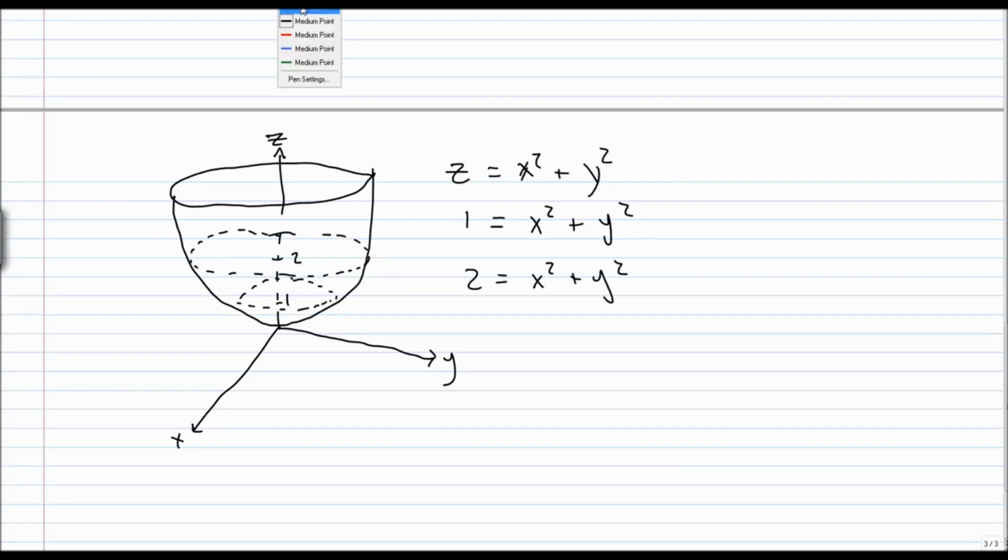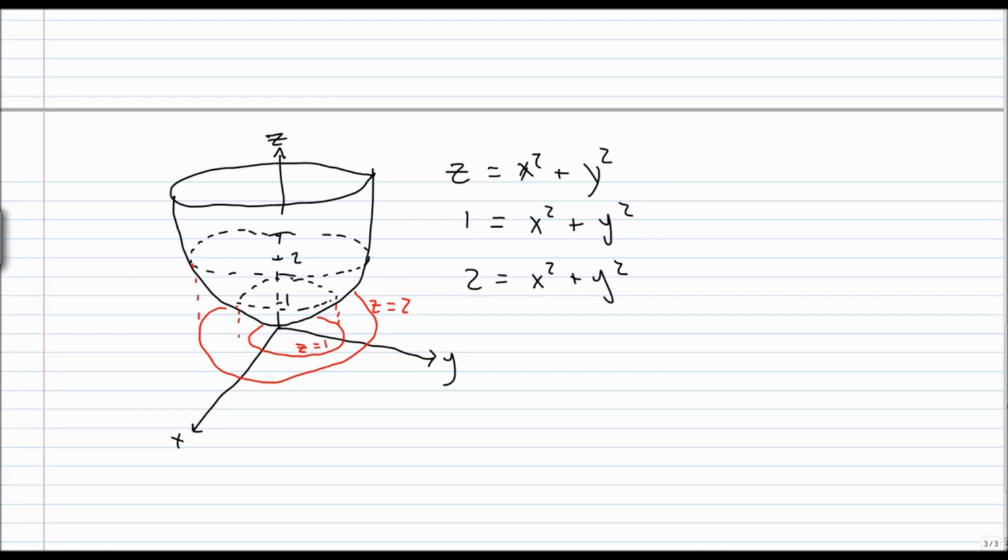And if we project these down into the xy plane, then what do we have? We have these concentric circles, terrible drawing, for all these different values of z.